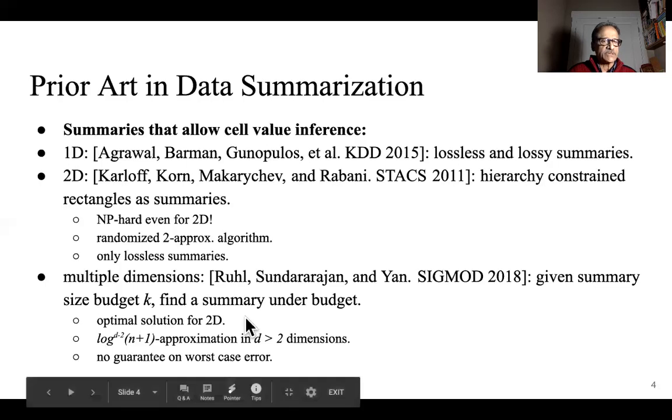They propose an optimal solution for 2D, which is efficiently computable. However, for more than 2 dimensions, they propose only an approximation algorithm, and the algorithm does not come with a worst case error guarantee. And this is important because even in a case where the size budget is infinite, their algorithm always returns an approximate summary, a summary which is lossy.